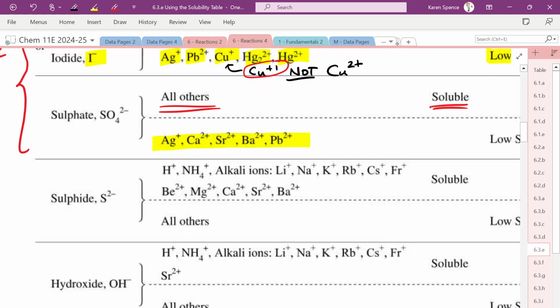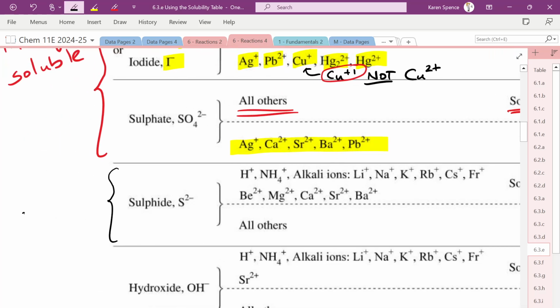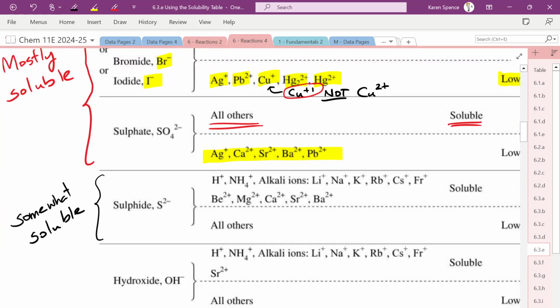Then we get into the category of somewhat soluble. Sulfide has only 5 things other than H, NH4, and the alkalis, which are soluble with everything.